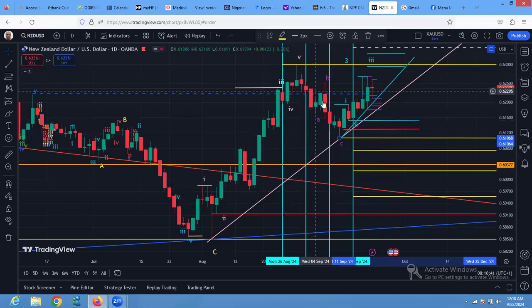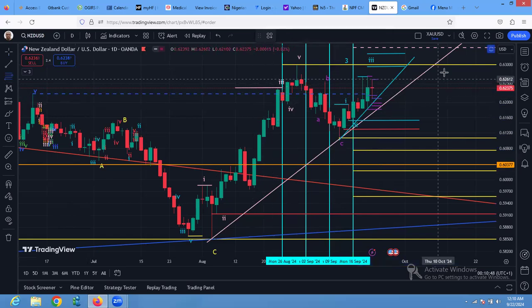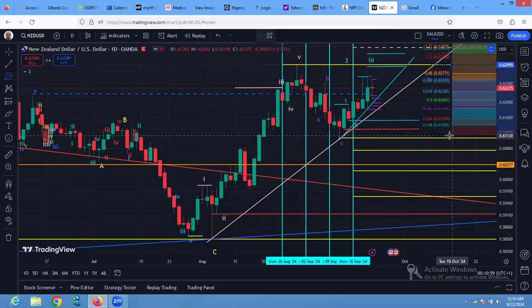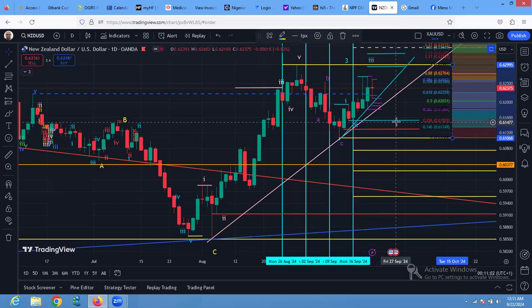So what we see now, this may just be an A. We should allow this to take the top. I think it's going to take the top from here. It may take the top from here.